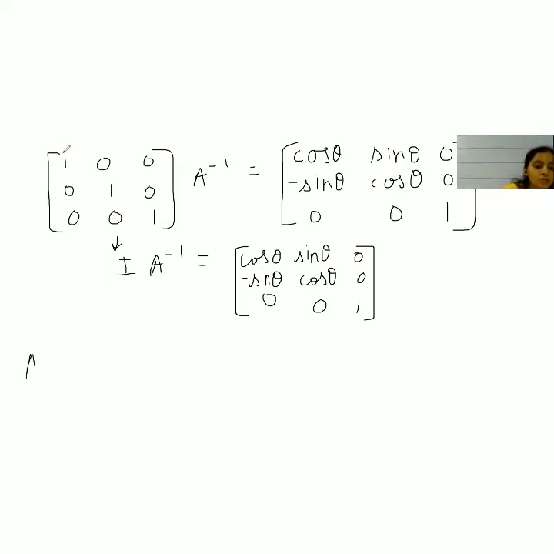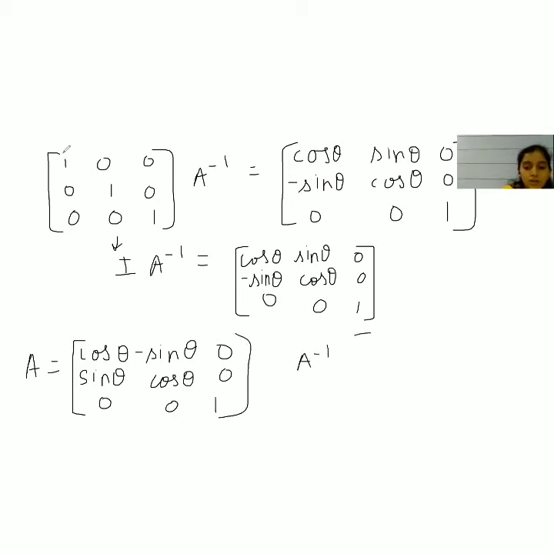Here we have A as cos theta, minus sin theta, 0, then sin theta, cos theta, 0, 0, 0, and 1. And your A inverse value is cos theta, sin theta, 0, minus sin theta, cos theta, 0, 0, 0, and 1.